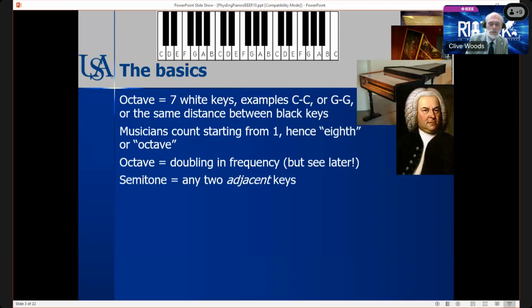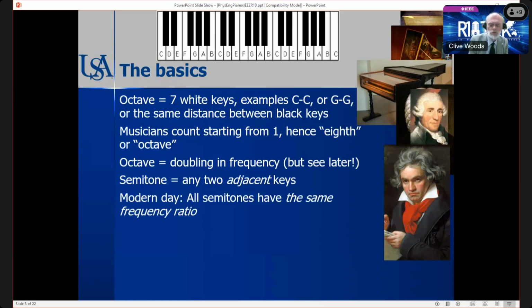And a semitone, I think probably in your region, you use the British nomenclature that a semitone is the interval between any 2 adjacent keys. The US term is a half step. So if you're more familiar with the term half step, when I say semitone, I mean a half step.